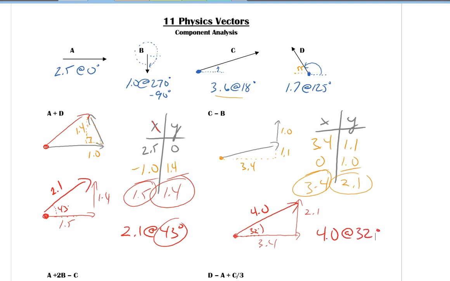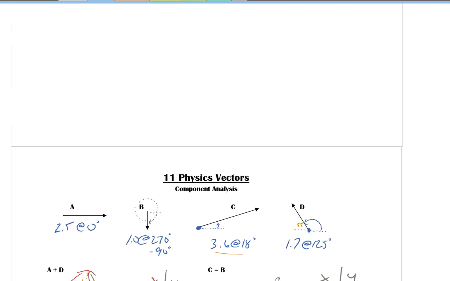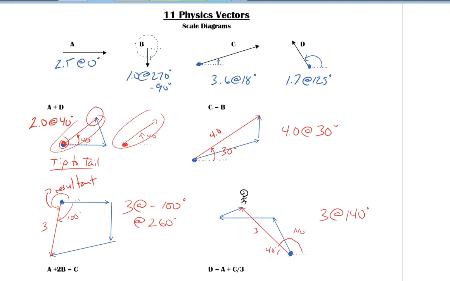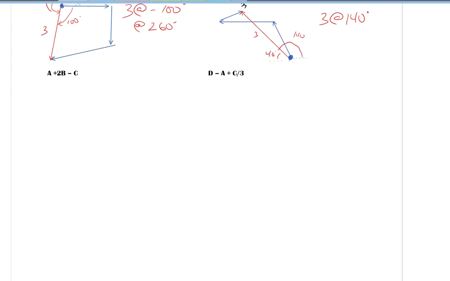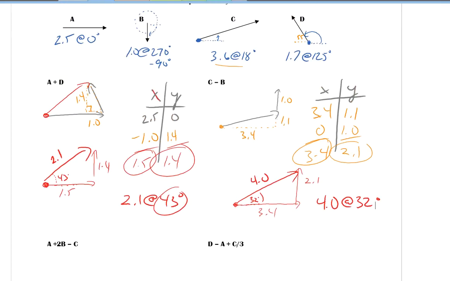And if we check the estimate we had last time from the sketching, it was 4 at 30. So there we had 4 at 30. Here we've got 4 at 32. So that's awesome. And of course, if we had done the sketching, we just drew like this, and that looks pretty much the same, which is exactly what we want. Okay. All right. So let's try the next two.